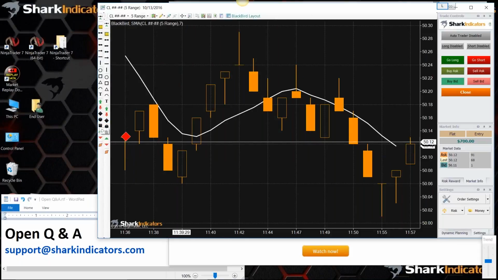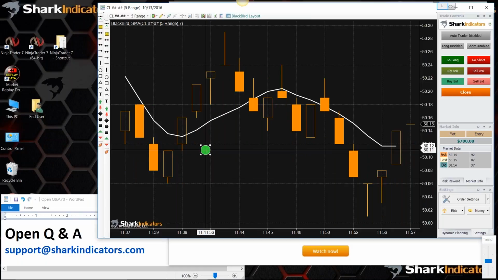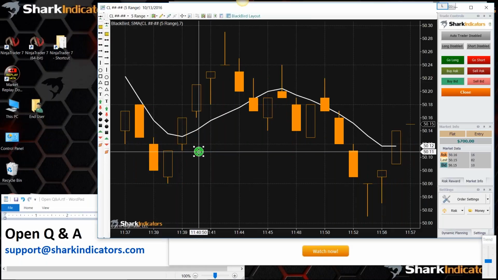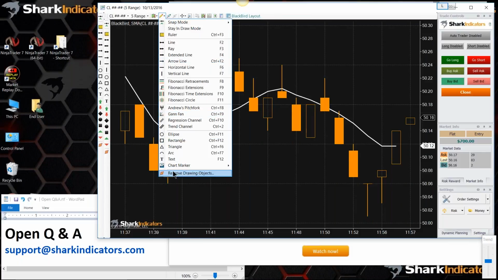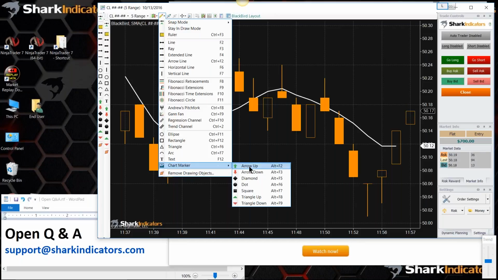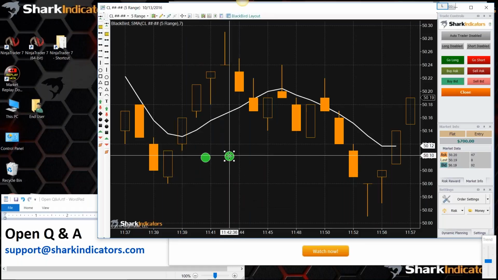If it's this dot, then these dots can't be read. If it's plotting one of these chart markers, right? So there's these chart markers here, dots. If it's plotting one of these, those can't be read.